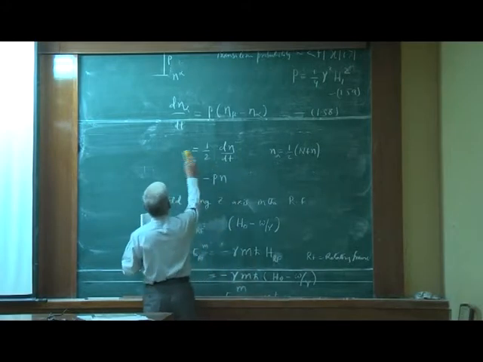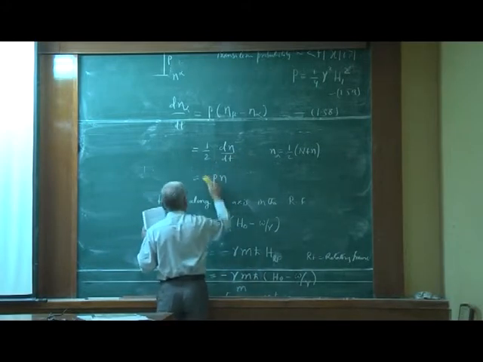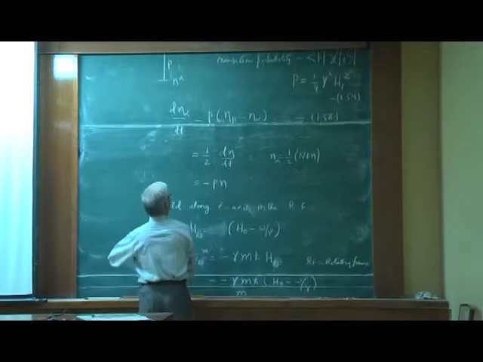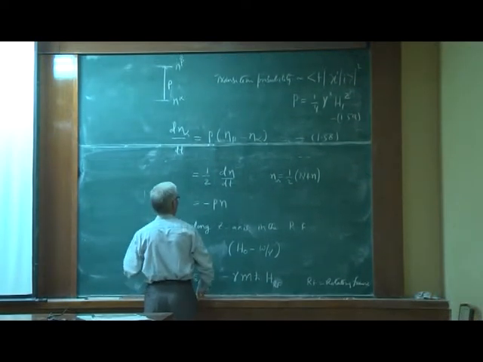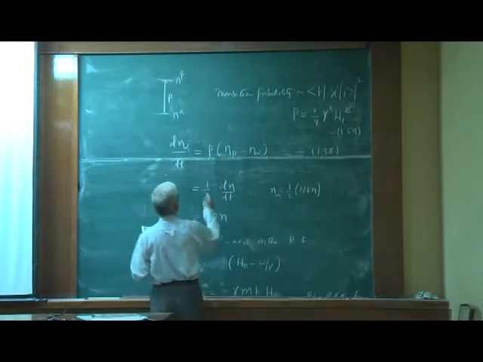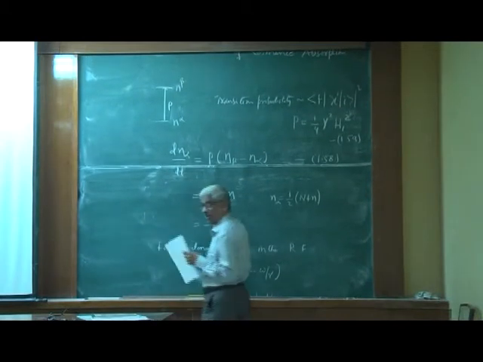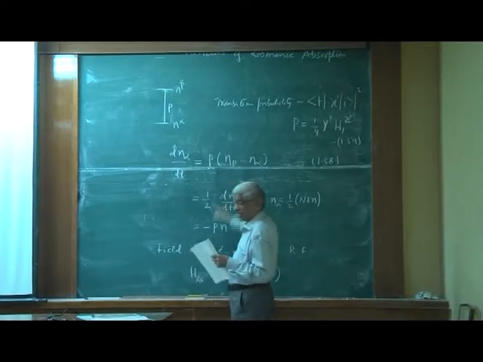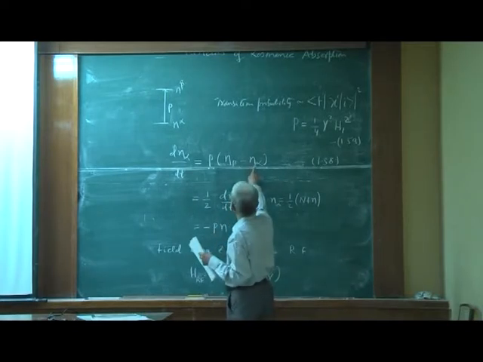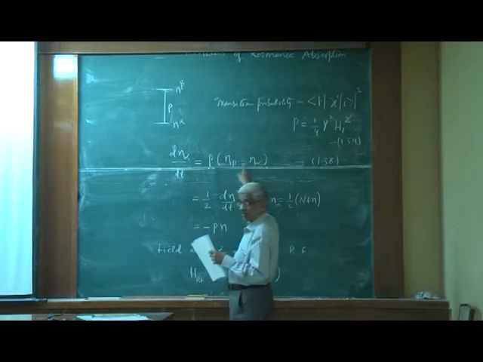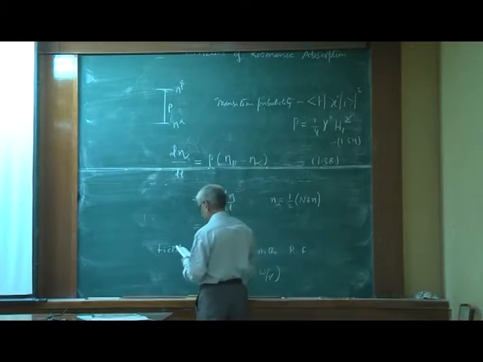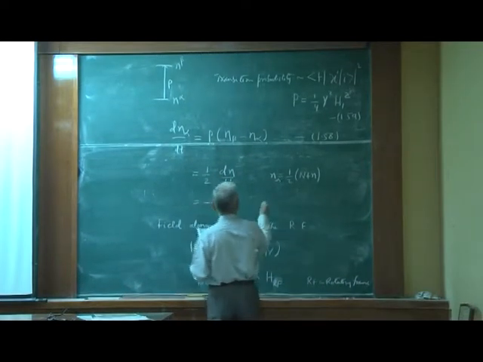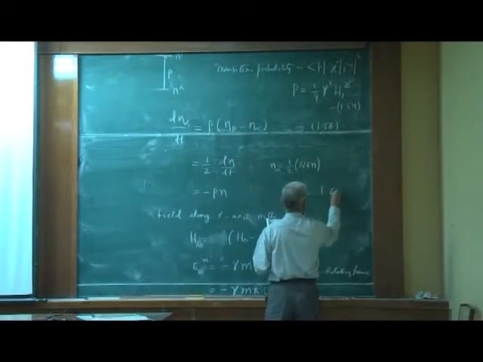So I should write it in that manner, no? The left hand side is half dn by dt, and the right hand side is minus Pn, because this is n beta minus n alpha. This one is my 1.61.